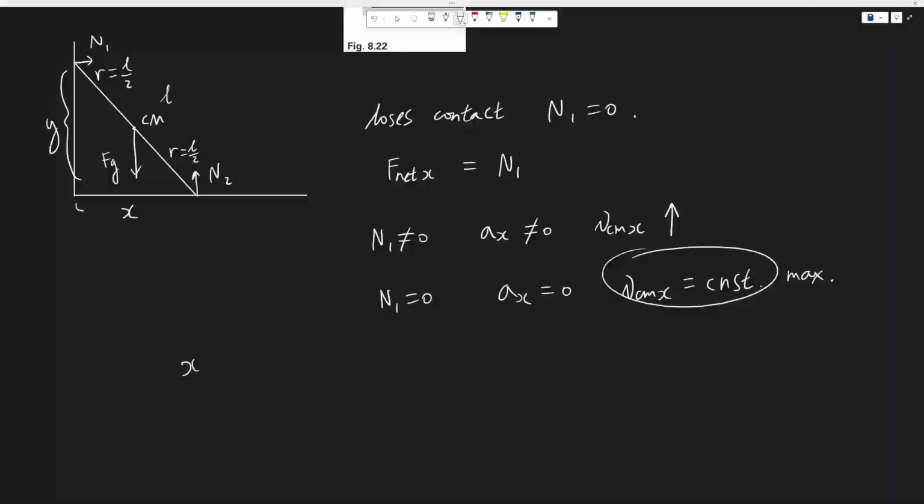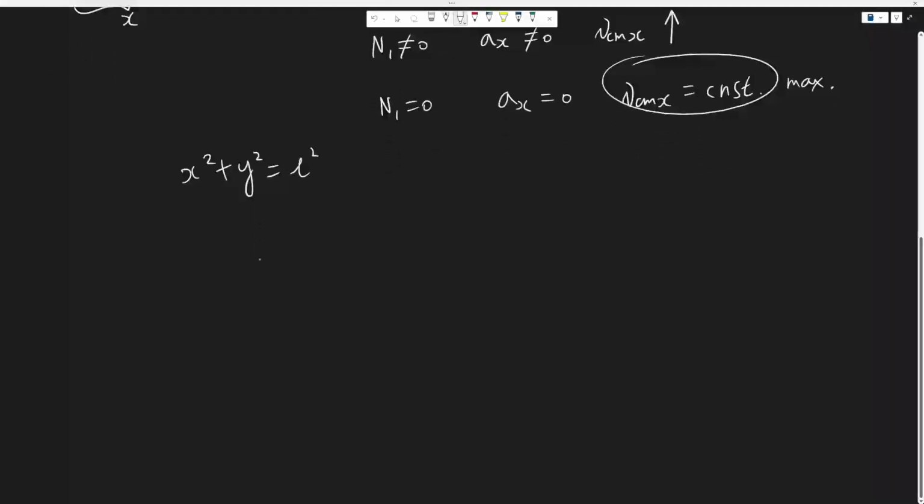So we need to also write x squared plus y squared equals L squared, and then we have to differentiate to get the acceleration constraints, and then analyze the force, which is really complex to do. So what do we do when forces are too complicated? Well, we think about energy, right? So let's try to write energy. So in this case, the energy is always conserved.